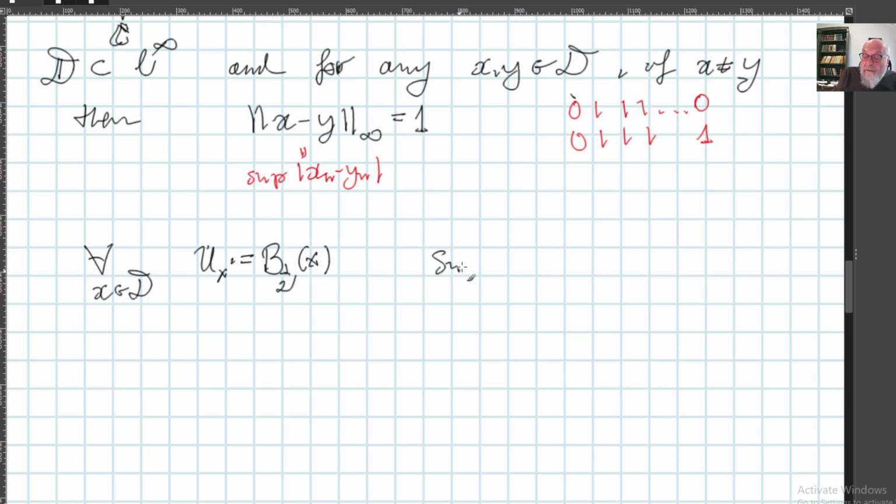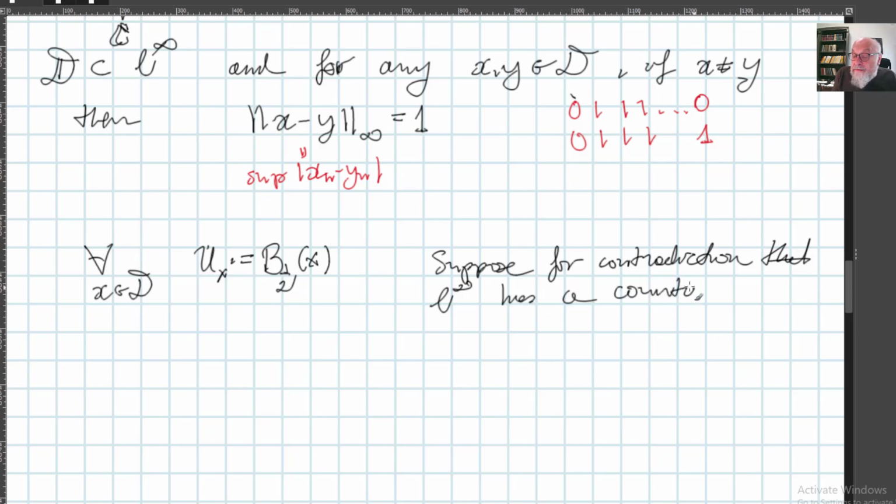So now suppose, for contradiction, that L infinity has a countable dense set. Call this S1, since we already used S.